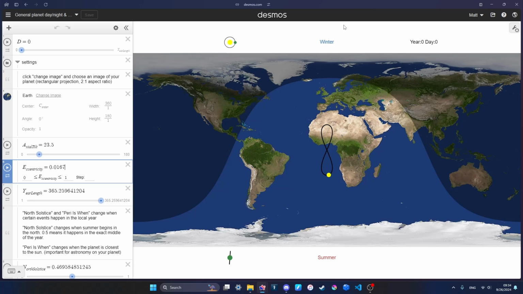Because, you might not know this, the 4 seasons are not exactly a quarter of the year long. If that were the case, then the distance between the 2 equinoxes would be the same.